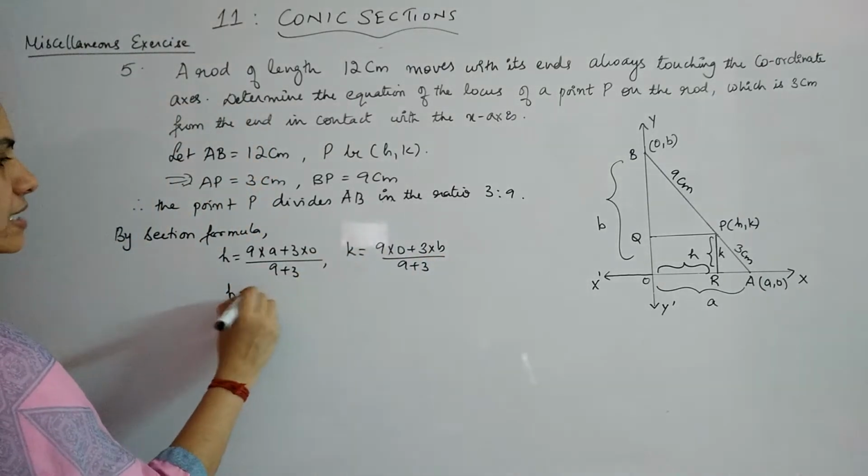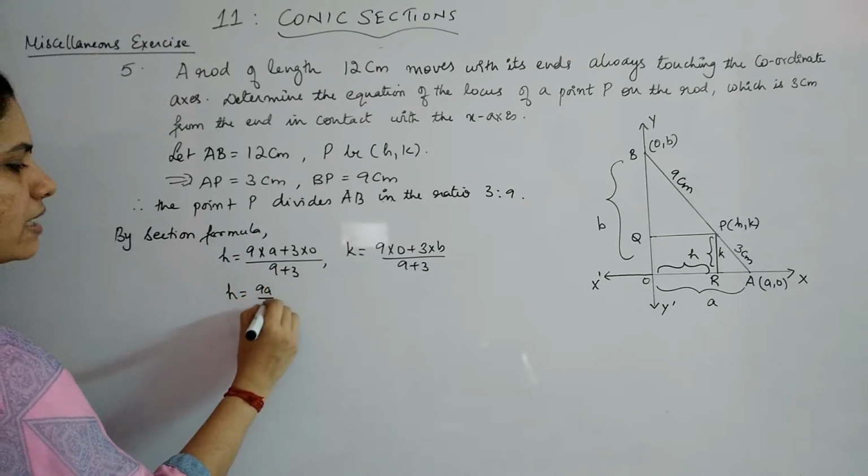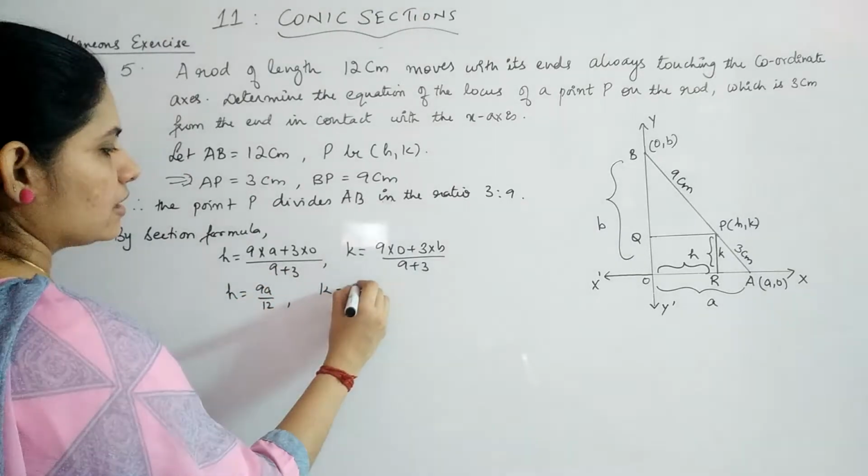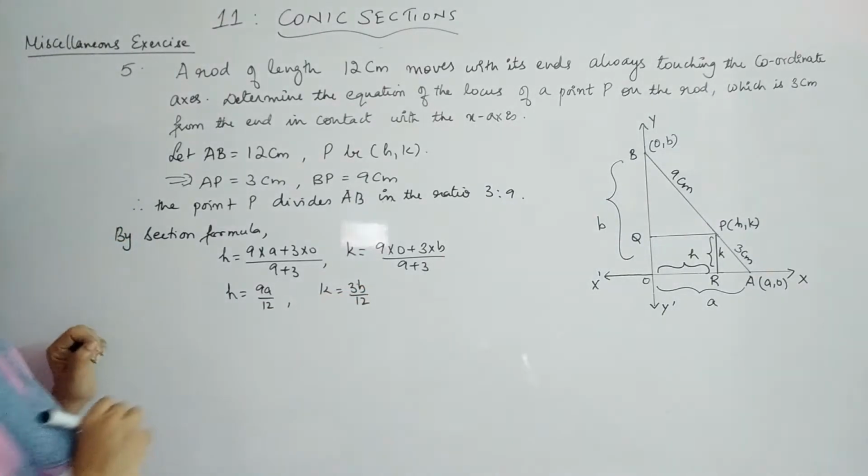That means you are getting h as 9A by 12 and k as 3B by 12.